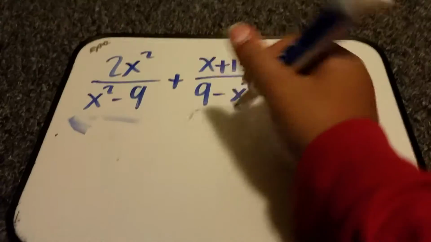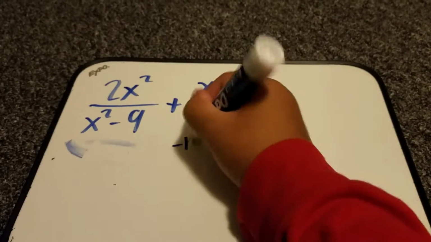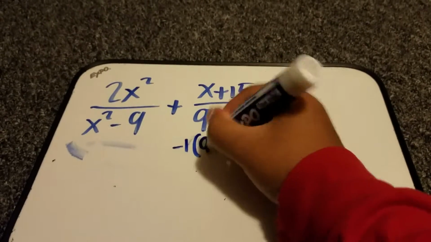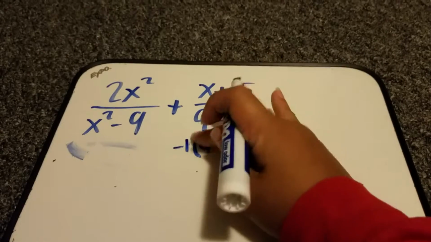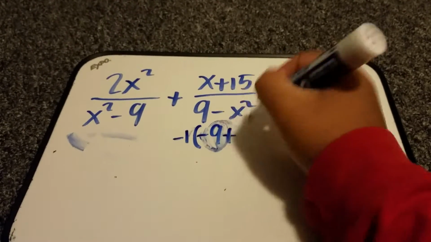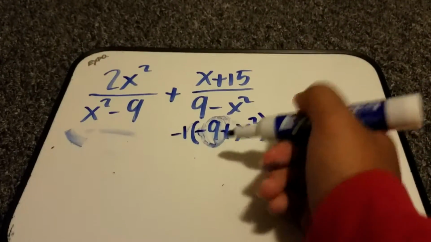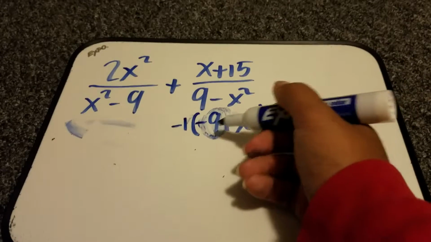And for these two are basically the same thing, except this one has a negative 1: 9 plus negative 9, negative 9 plus x squared. It's basically the same thing, but it's multiplied with a negative 1.